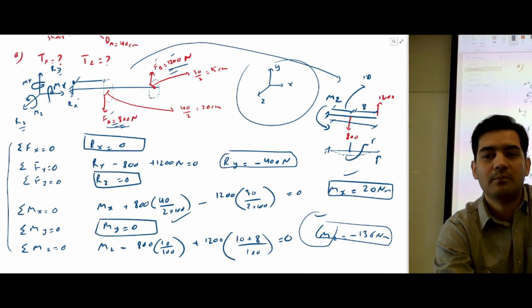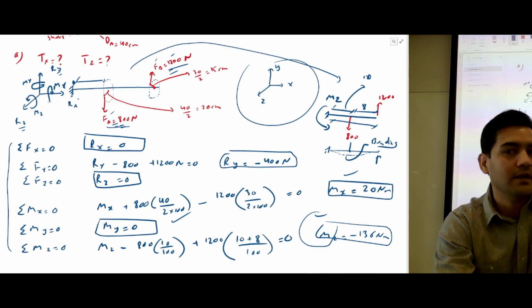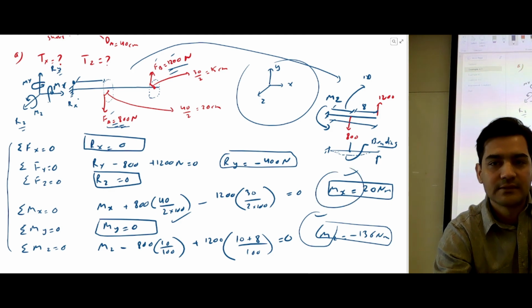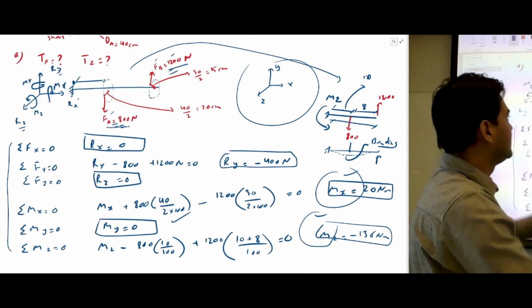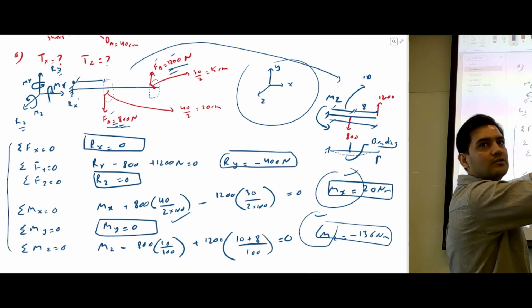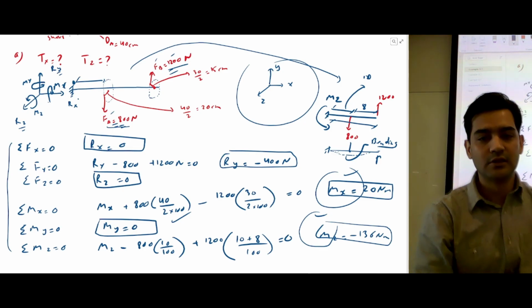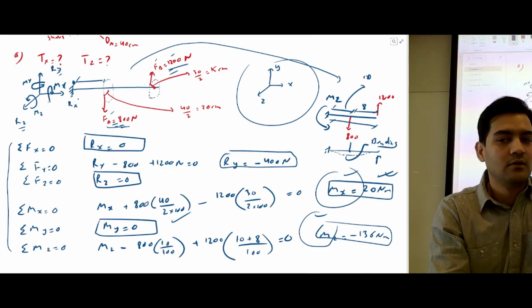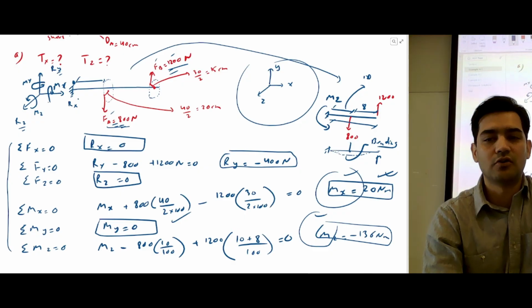This phenomenon is called bending. So bending moments produce bending. But if you try to see this moment, M of x, it is actually twisting the member, twisting the system. It's not creating bending, it's creating twisting. So the answer is this one. This is actually torque. 20 Newton meter is torque. 136 Newton meter is not torque.